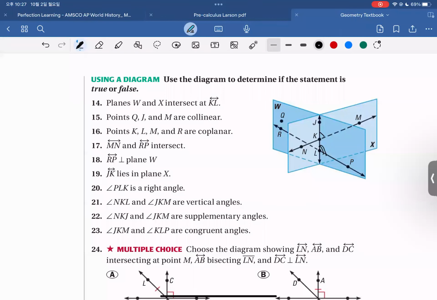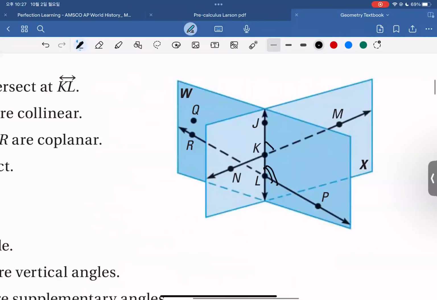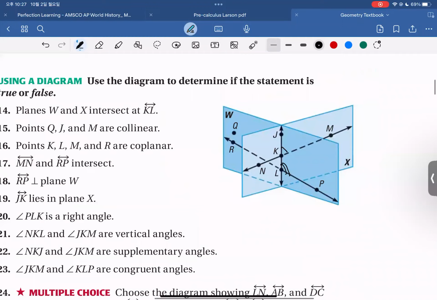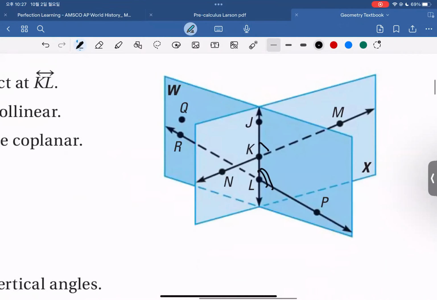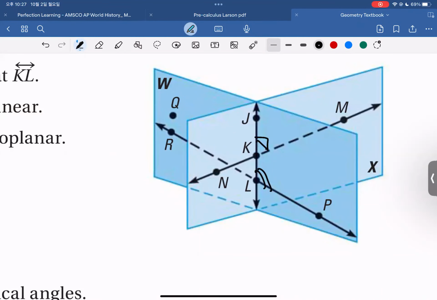You're trying to determine if these are congruent, and I think this is pretty clearly not, because when you look here, this is likely perpendicular, same in all these angles, but there is no proof of congruence.